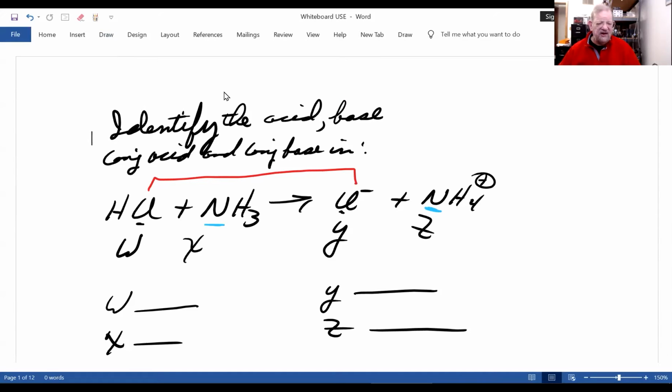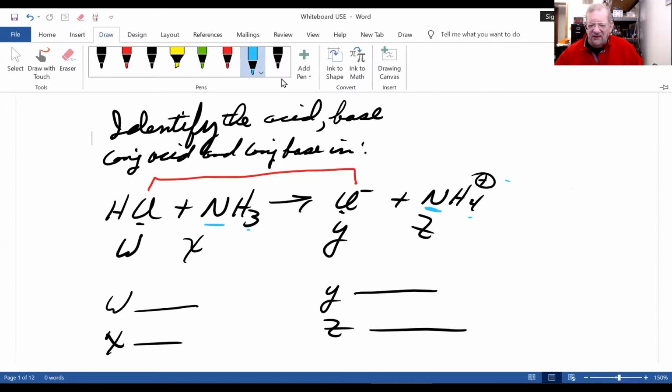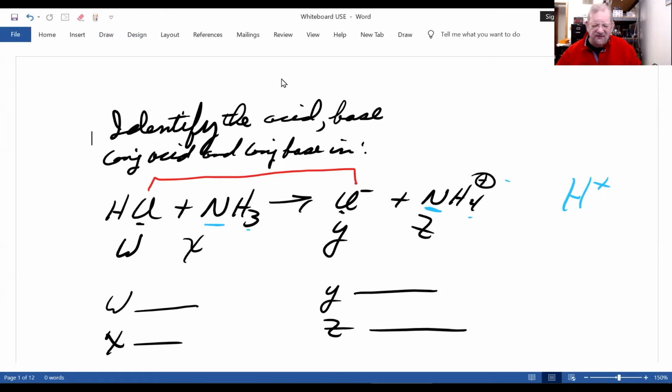Notice this is NH3, NH4 plus, so it differs by H plus. Same thing with HCl, Cl minus. It differs by H plus.